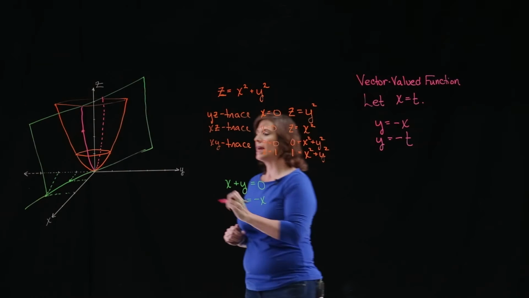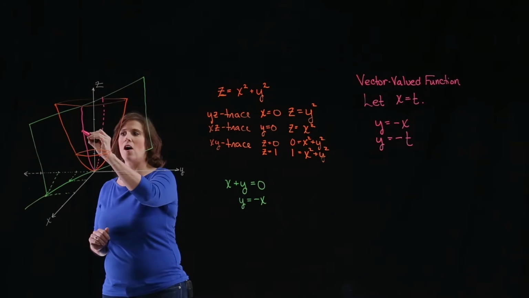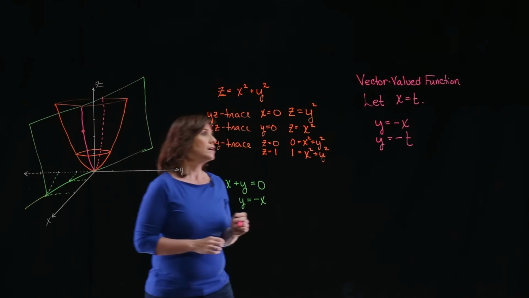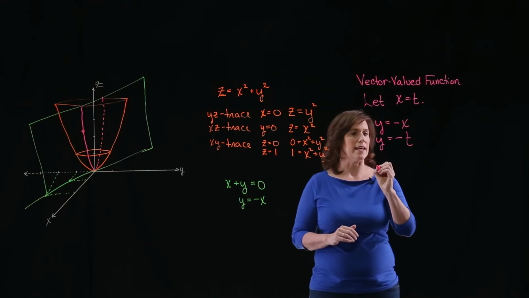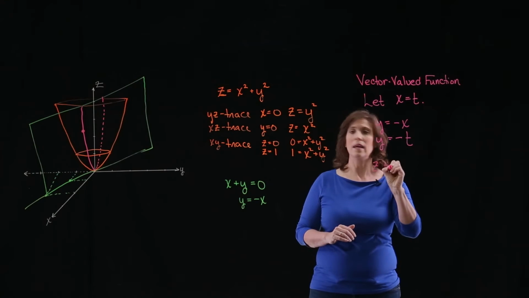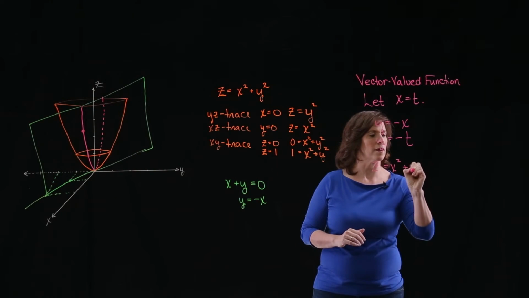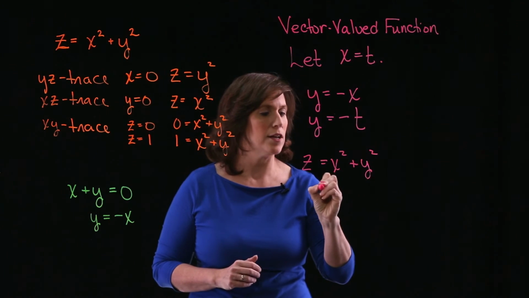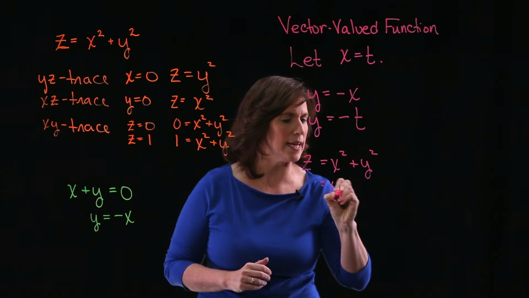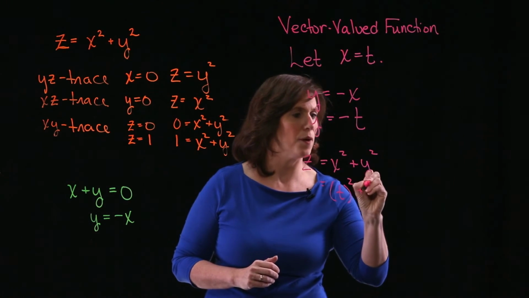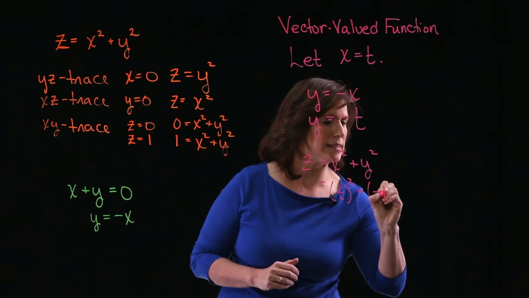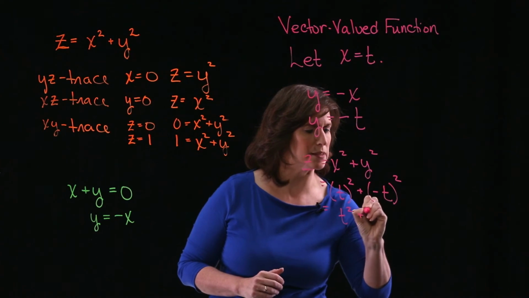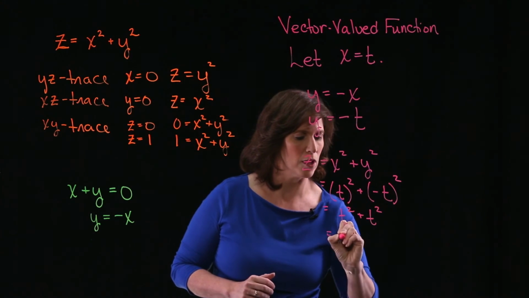In a similar way, any point that is on this curve also has to be on my paraboloid. So I know that z equals x squared plus y squared is the equation for my paraboloid. And I know that x is t, and y is minus t. So I have t squared plus t squared, or 2t squared.